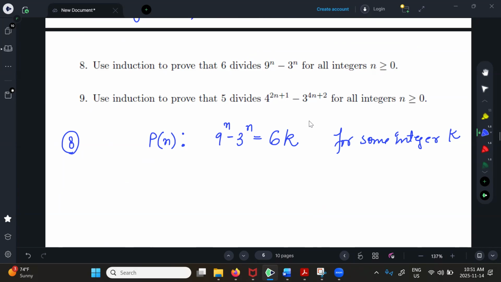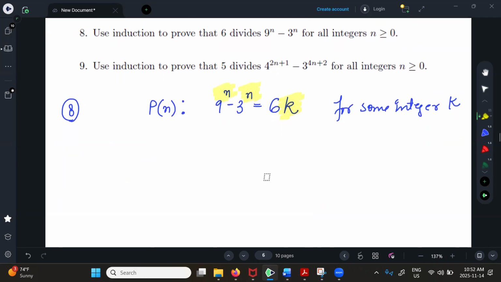It could be negative, positive, or 0. We don't care. But you see, there are two different variables going on here: there is an n and there is a k. k could be whatever. n has to be greater than or equal to 0. See the difference? Everybody okay with this? Now, it's a very similar question to what we have always done. What is the base case?